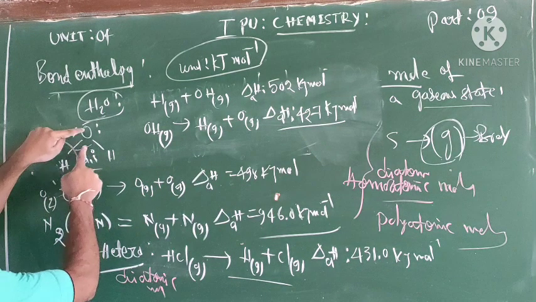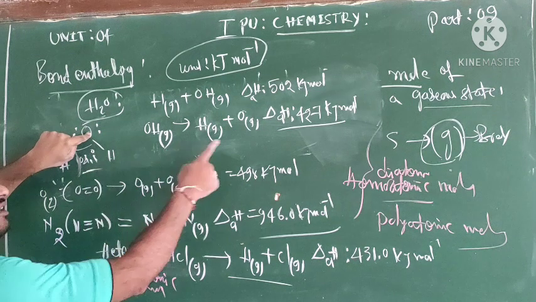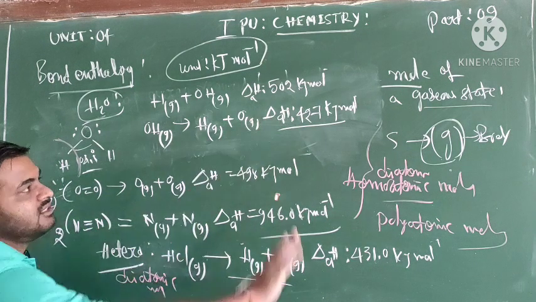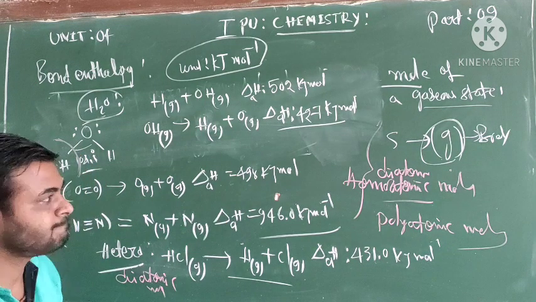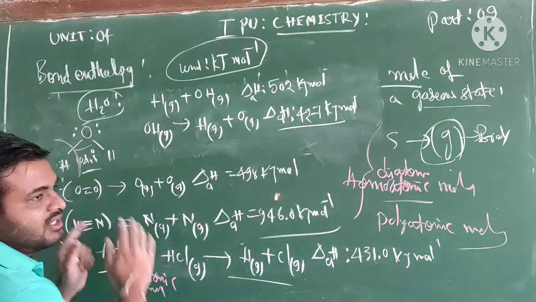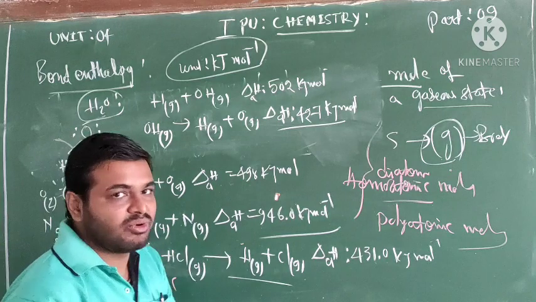But the other is also the same, like OH, a similar atom. The value is 427, lesser than the first broken value, because they have already 2 bonds. This is highly stable, and 2 bonds are more strong.